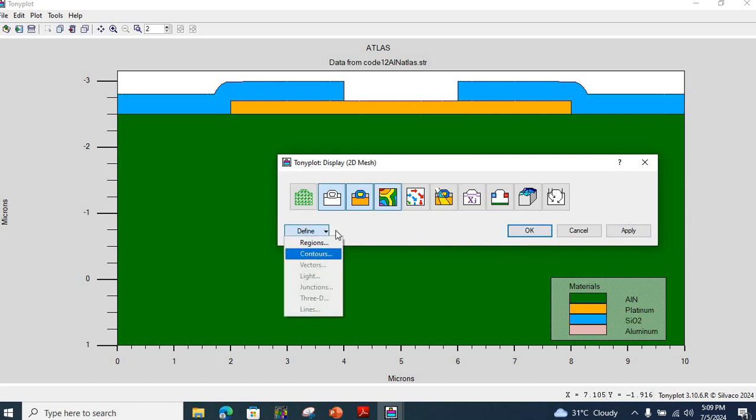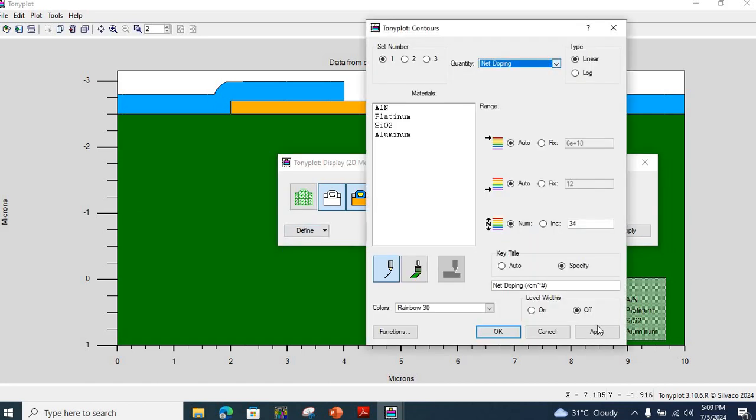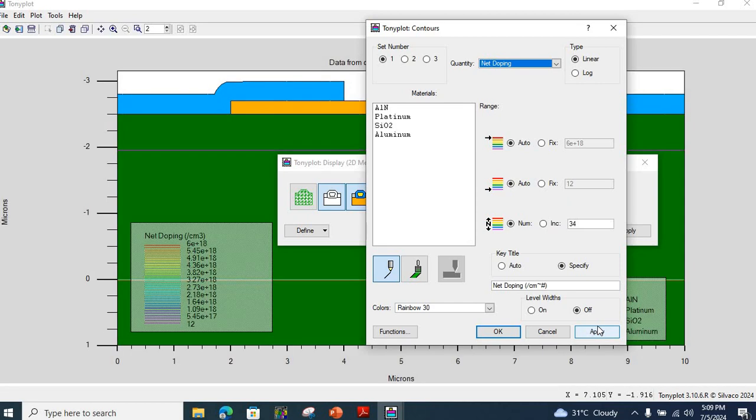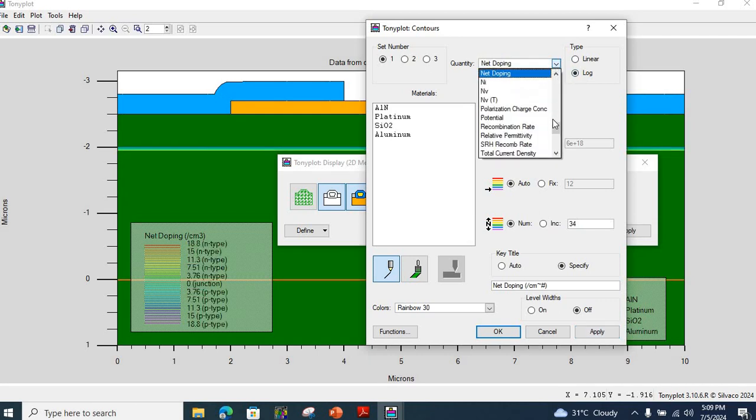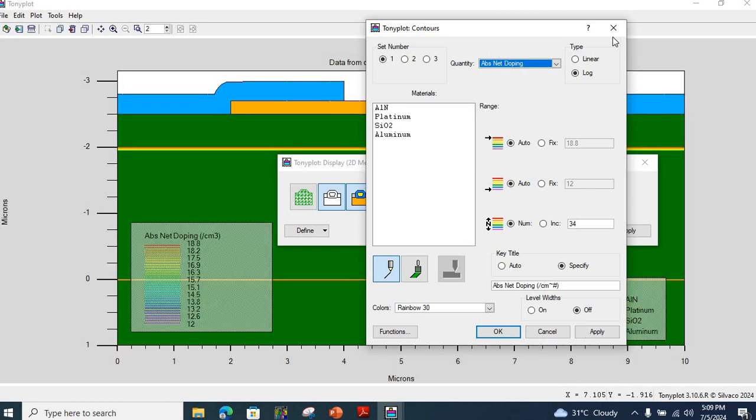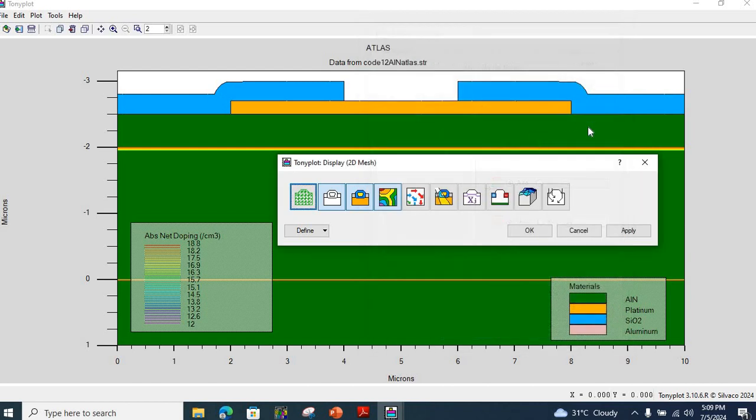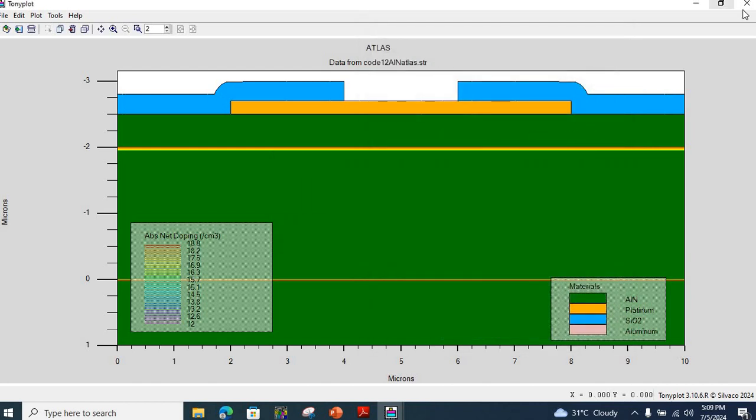Go back to contours, net doping, log, we go to absolute net doping, okay.